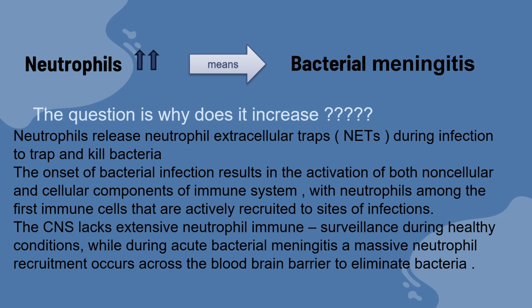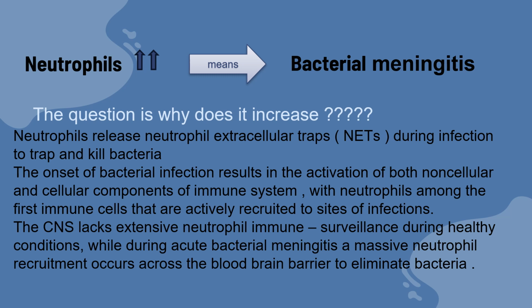The question is, why does the neutrophil number increase in this type? The neutrophils release neutrophil extracellular traps or nets during infection to trap and kill bacteria. The onset of bacterial infection results in the activation of both non-cellular and cellular components of the immune system, with neutrophils among the first immune cells that are actively recruited to sites of infection.